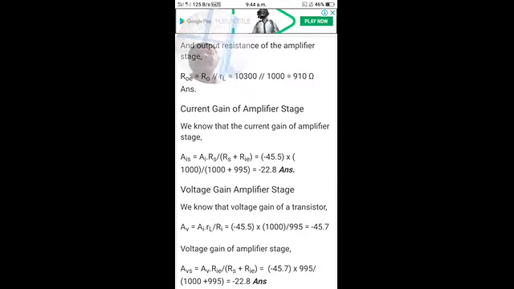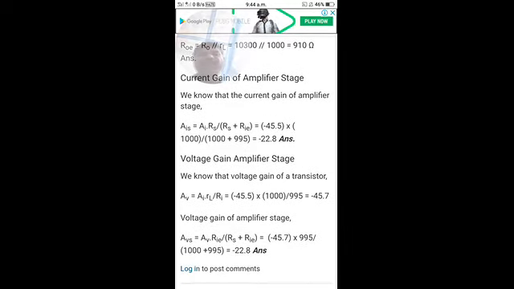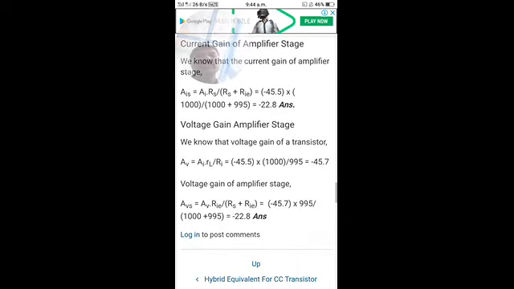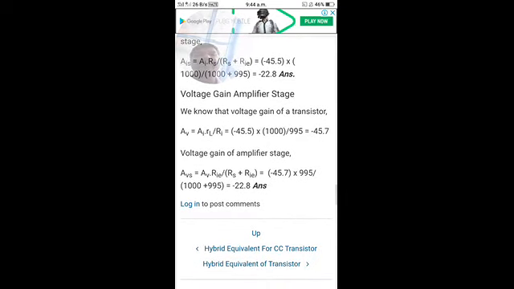The voltage gain AV is AI into RL by Ri, that is minus 45.7. The overall voltage gain is AV into Ri dash by Rs plus Ri dash. So it is minus 22.8.